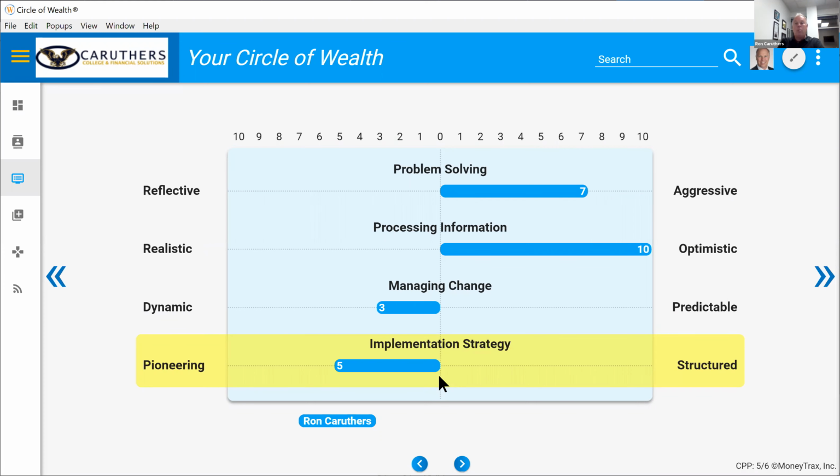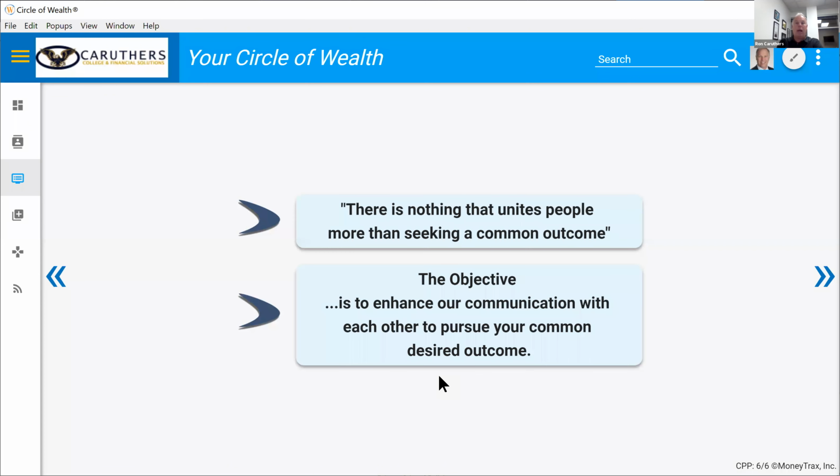When you look at your report, that's really what it's trying to help you with. What I say in my practice is there's nothing that unites people more than seeking a common outcome, but it can be very frustrating if someone else in your household or in your business relationship has a style a little different than yours, and you don't quite understand why they do things the way they do. They don't understand why you do things.